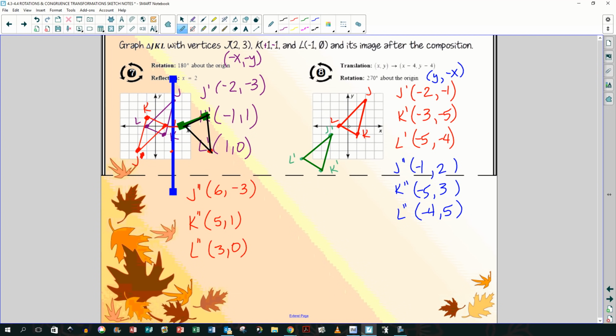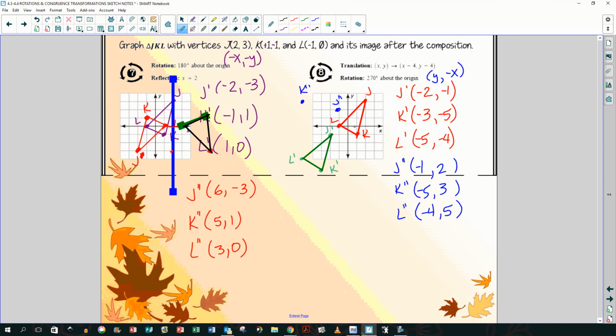So -1, 1, 2. So there's J double prime. -5, 3. 1, 2, 3. And -4, 5. Something doesn't seem right.